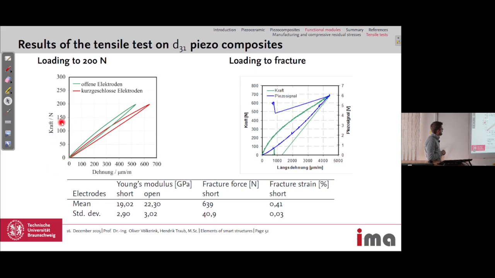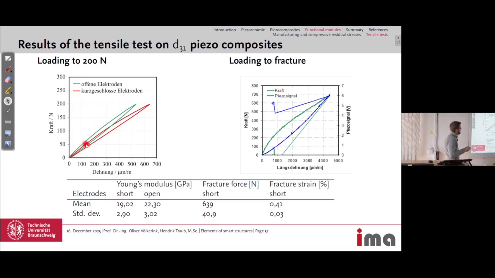Here's a force strain plot with open electrodes, so open circuit, and with closed circuit. And here you can see the stiffer behavior of the ones with the open electrodes and less stiffness with the closed electrodes.